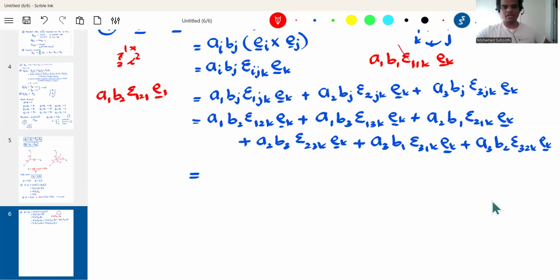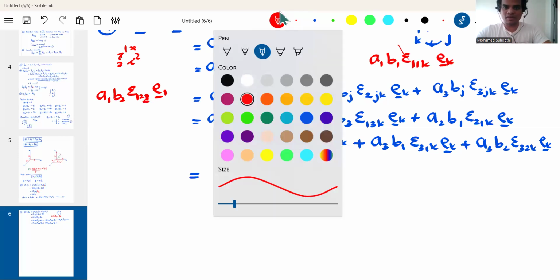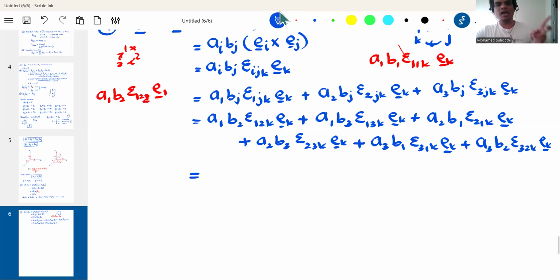Similarly, when I substitute 2, epsilon_122 is also 0. So k equal to 1 and k equal to 2 are not applicable for the first portion, and only 3 will be there: A1 B2 epsilon_123 e_3.